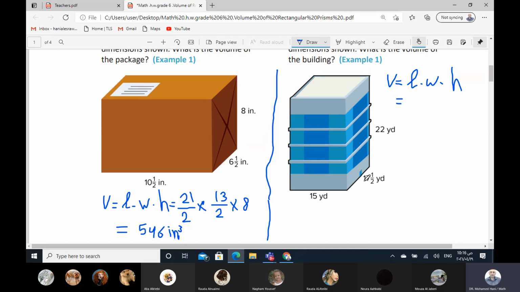L equals 17 and 1 over 2. 17 times 2, 34, plus 1, 35, over 2, times 15, times 22.